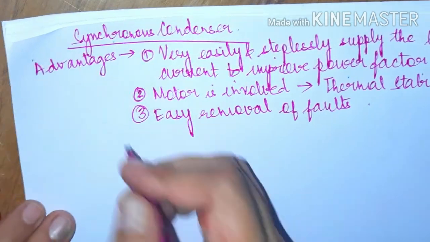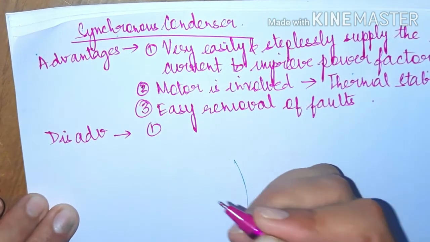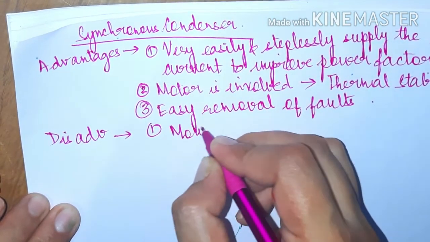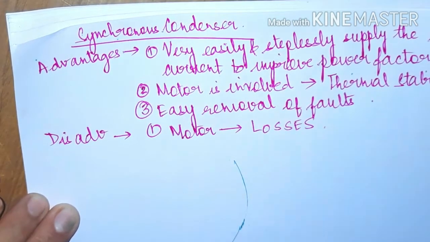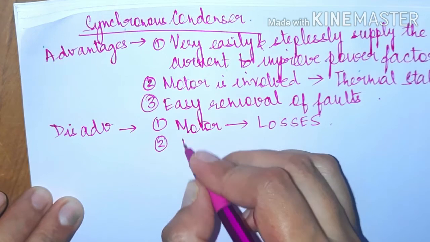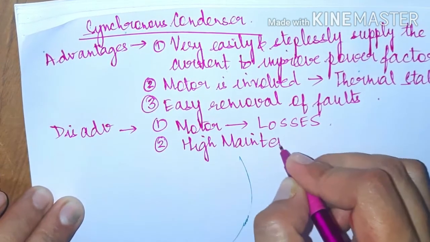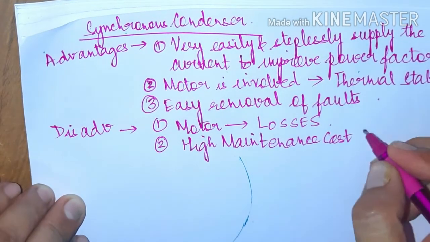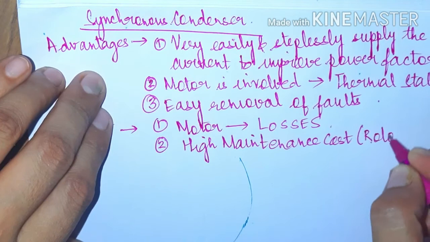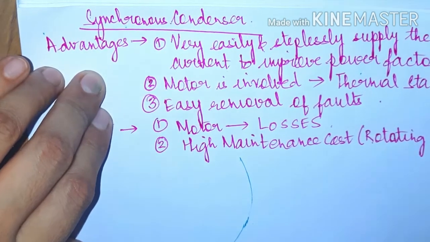But there are certain disadvantages as well. What are the disadvantages? First, motor. When a motor is working, definitely the motor will have losses. Secondly, high maintenance cost. Why is there high maintenance cost? Because in the case of a motor, there are rotating parts.